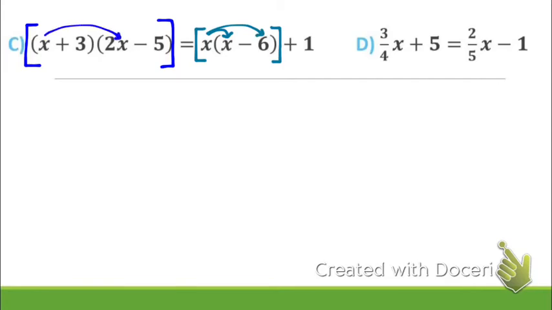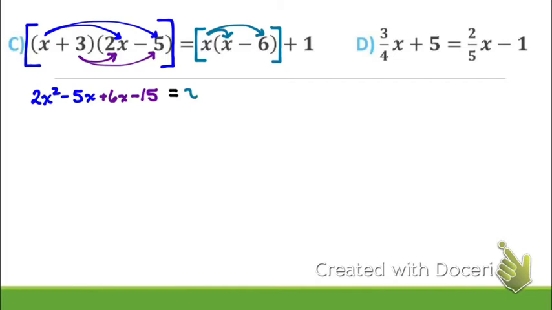All right, so I'm going to have 2x squared minus 5x plus 6x minus 15 equals x squared minus 6x plus 1.